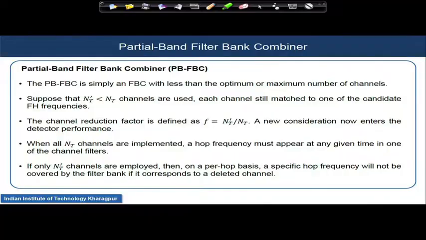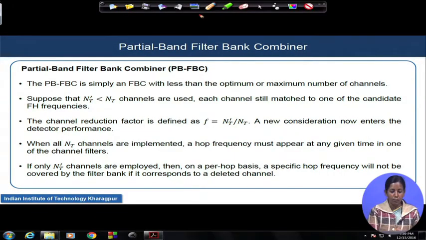It is less than the maximum number of channels available. Suppose the total number of channels is NT, and partial band FBC deals with N dash T channels. Then we can define a channel reduction factor f, given by N dash T by NT.